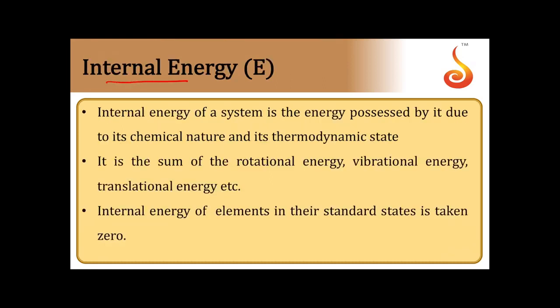Then comes the meaning of internal energy of a system. Internal energy of a system is the energy possessed by it due to its chemical nature and its thermodynamic state. It is the sum of various types of energies of the system.